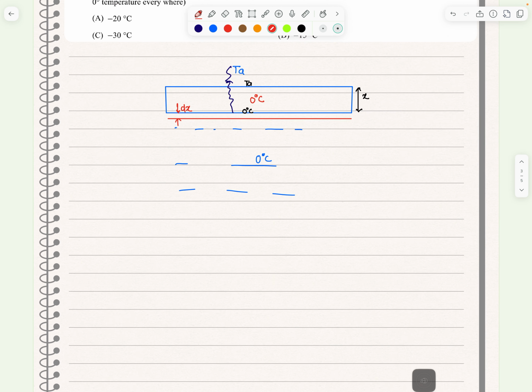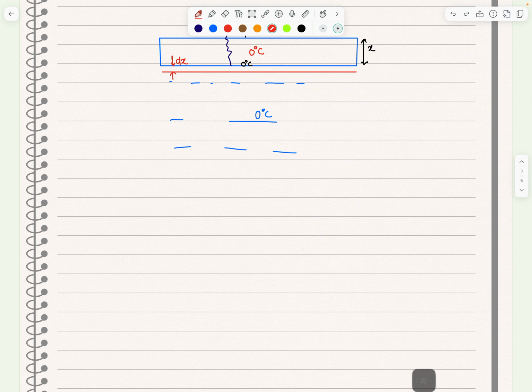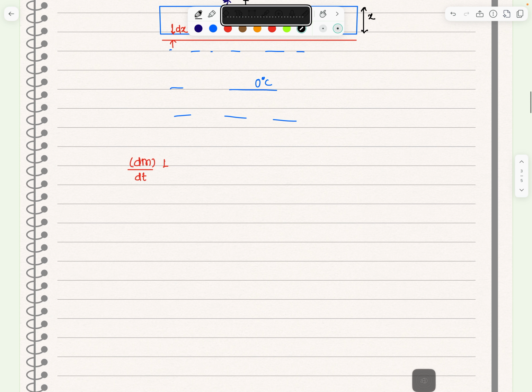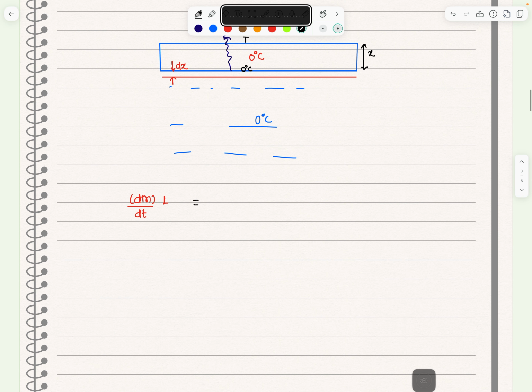So here we are using energy equations again. The rate of formation of ice, that is dm into L divided by dt, is the heat released due to the formation of ice, and that must be conducted through the ice, that is K of ice into A into delta T, that we can write as 0 minus Ta, divided by x. At any instant of time, this is x.